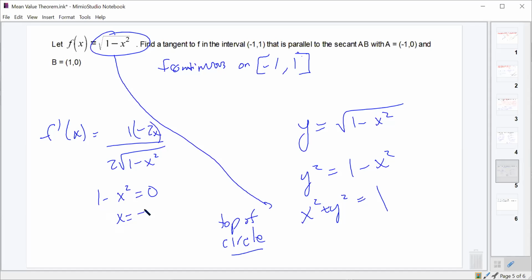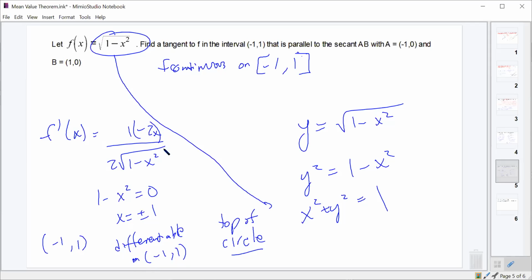And so that would be x is plus or minus 1. But since it only has to be differentiable on the open interval from negative 1 to 1, those two values wouldn't apply. Does that make sense to everybody? And so we can say that this is differentiable on that interval. And so now we know that we're guaranteed that there must be a place on here.